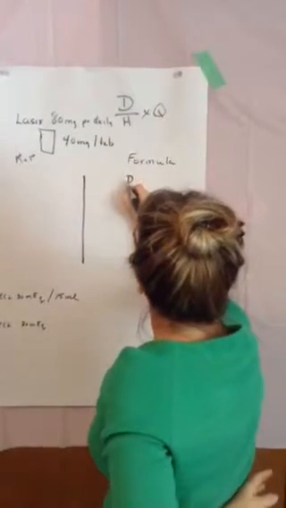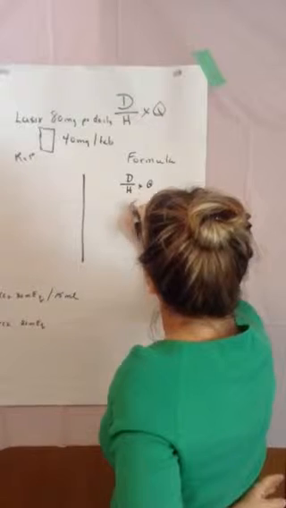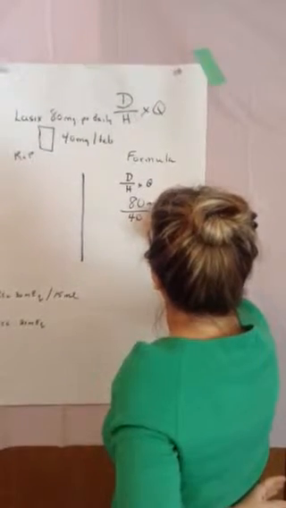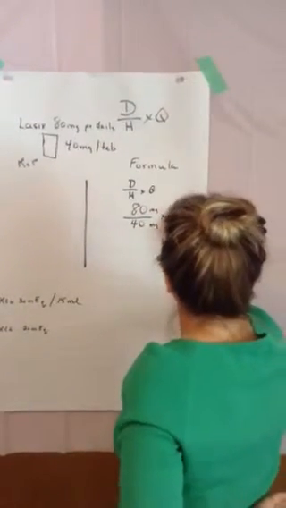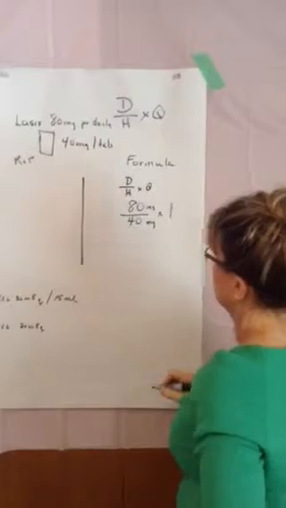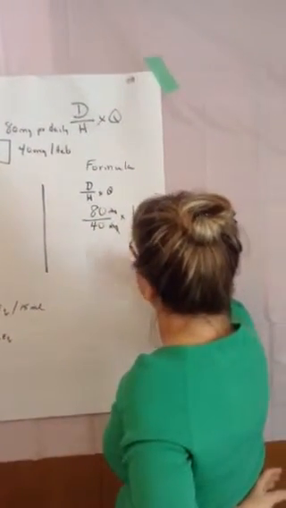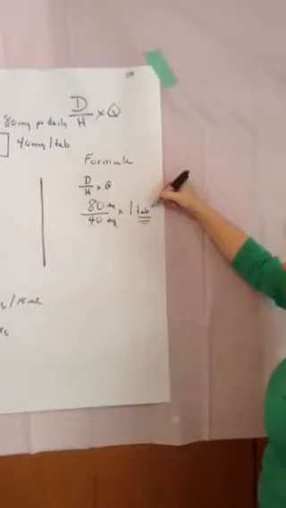So we want to fill in desired over H times Q. So desired is 80, on hand is 40, and it's a good idea to put the units so you know what to cross out, times the quantity, which is 1 tab. So we're crossing out both milligrams, and we know we've set it up right because our answer is going to be in tabs.